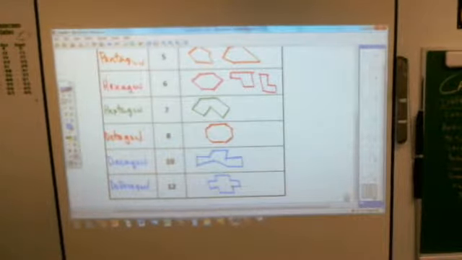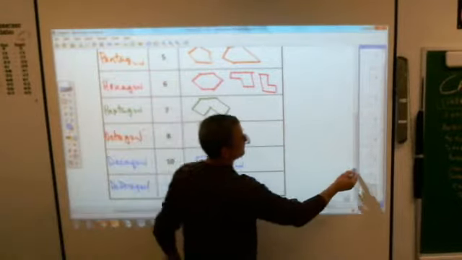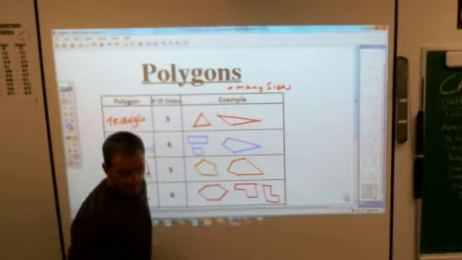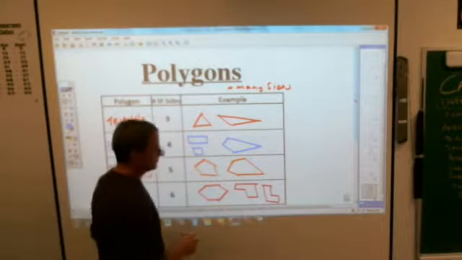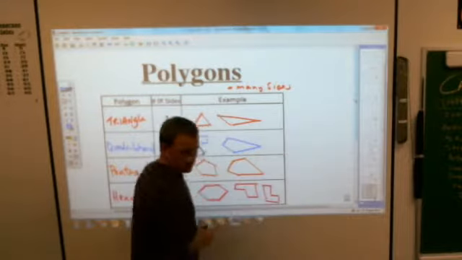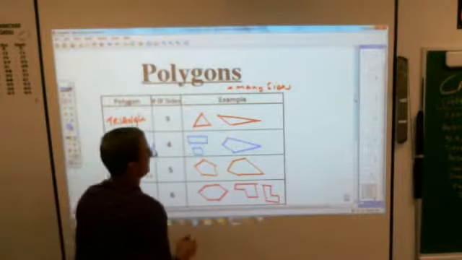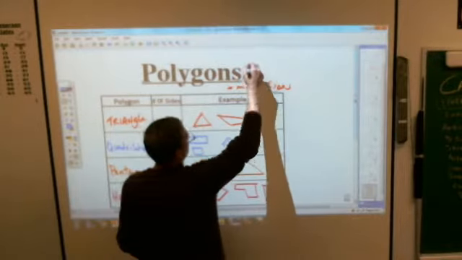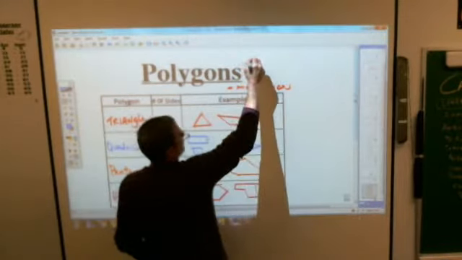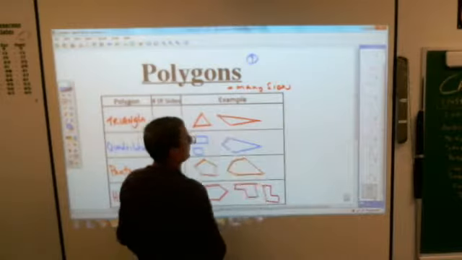Oh, I suppose we have to define this too. In order for something to be a polygon, let's jot this down. We've got a space to write on the notes there. On the top up there. For something to be a polygon, it has to have two things true about it.